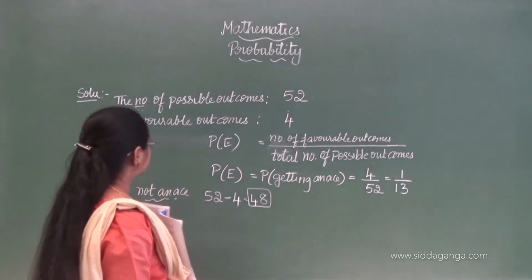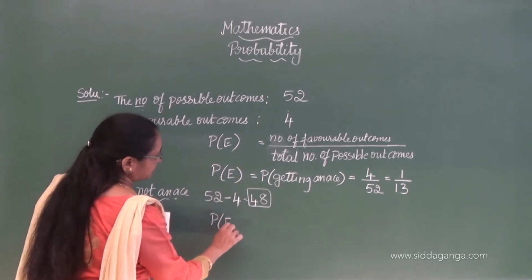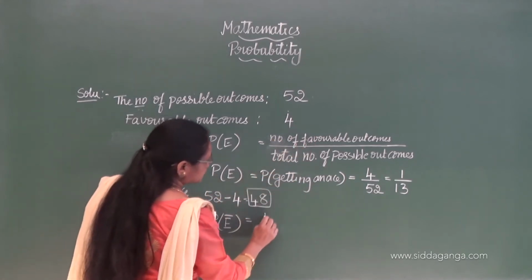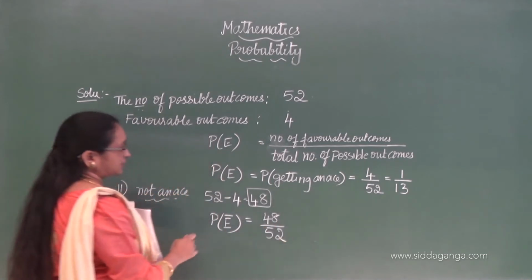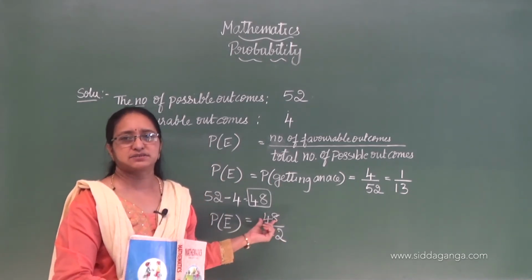So the number of possible outcomes is the same. This again is the complement of this event. So here the favorable outcomes are 48 divided by 52. See, out of 52 cards, 48 cards are not an ace, correct?